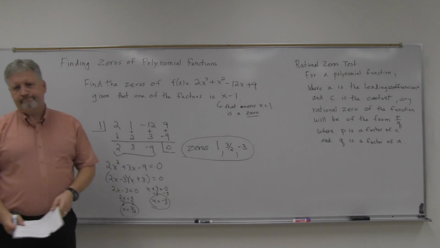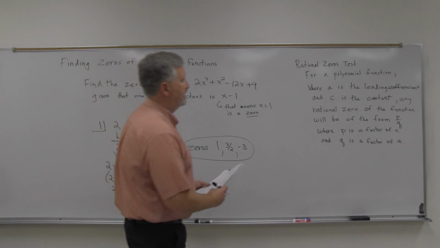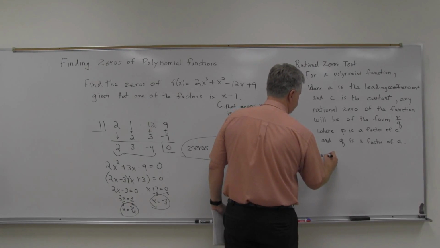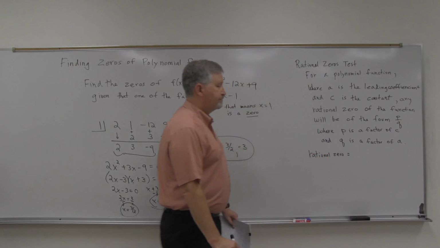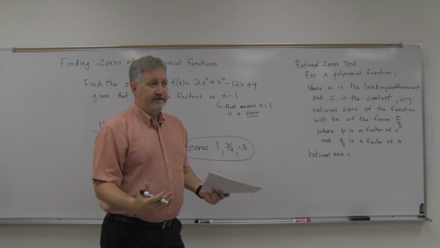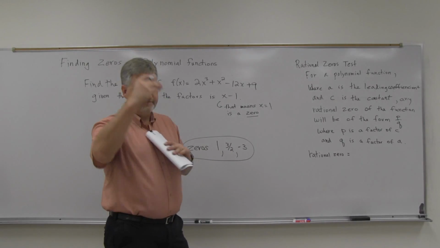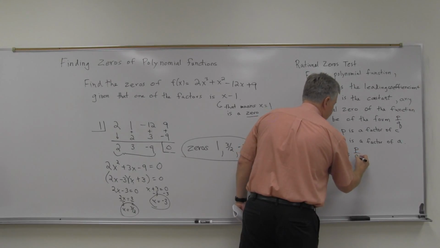Kind of wordy, isn't it? But here's what it amounts to. If we've got a rational zero of our polynomial function, and all a rational number means is it's one number divided by another number, that's why the P over Q is there.